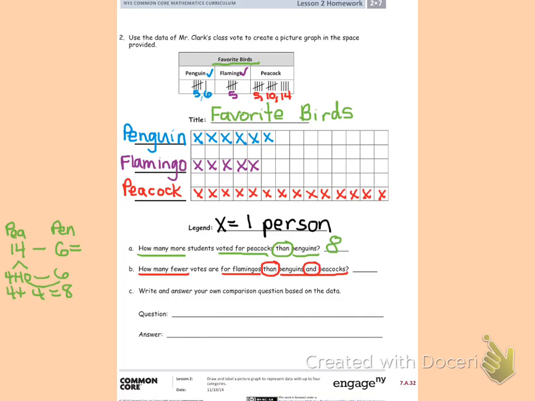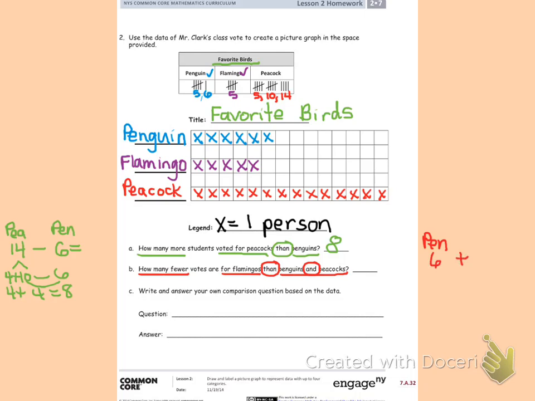I'll circle the word and to remind myself I need to combine those two categories. First, let's figure out penguins and peacocks. Penguins and peacocks should be added together. So let's see here. P-E-N for penguin, and that was 6.